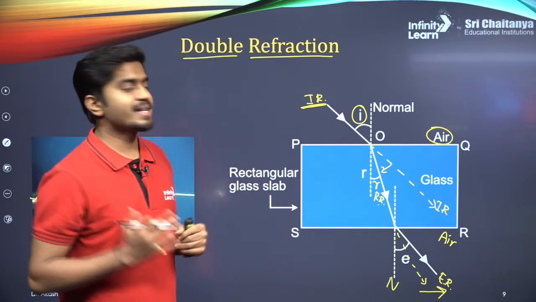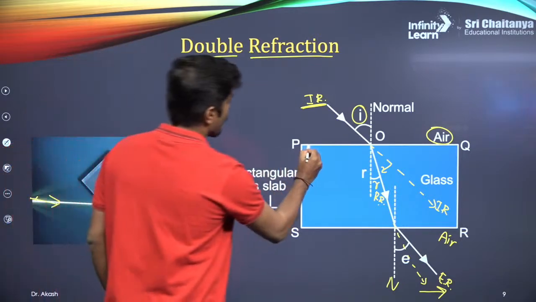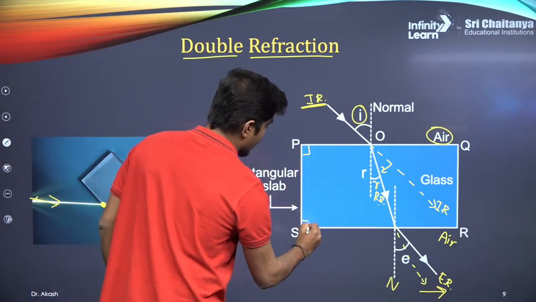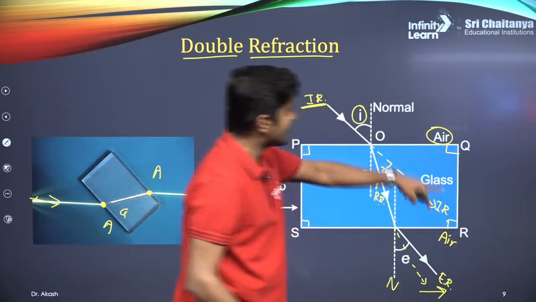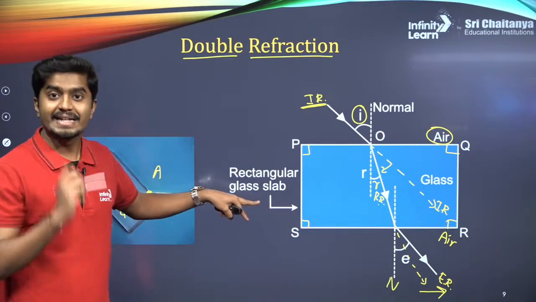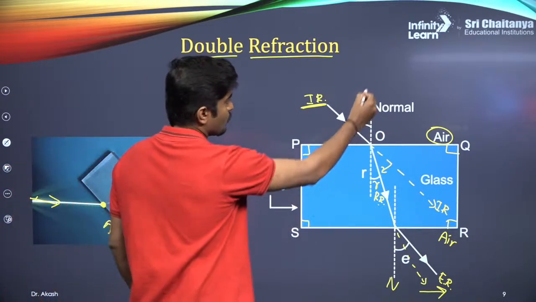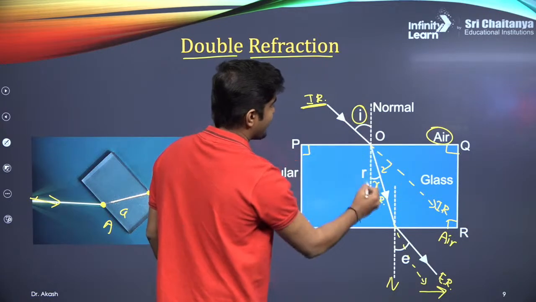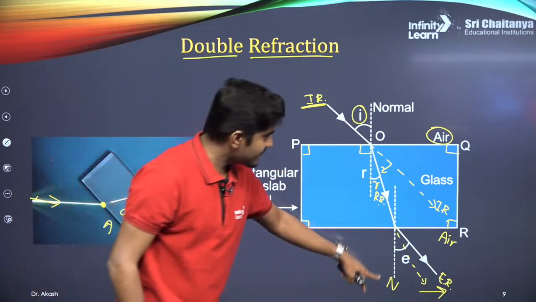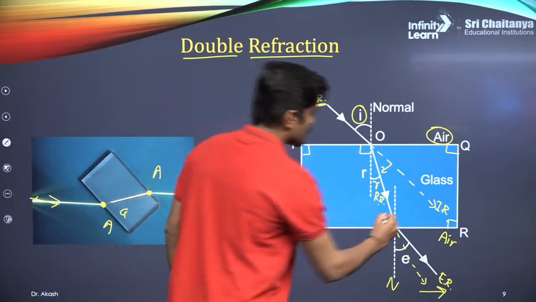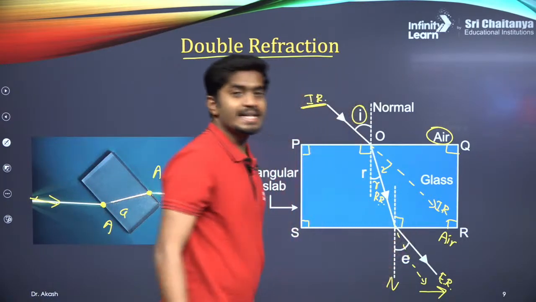Now this is a rectangular glass slab. What does a rectangular glass slab mean? That means all these angles are 90 degrees. You remember there is a normal, this dotted line, so this angle is also 90. Even this dotted line is a normal, so this angle is also 90.